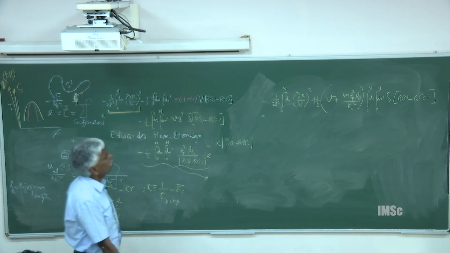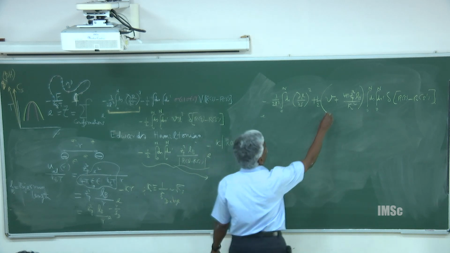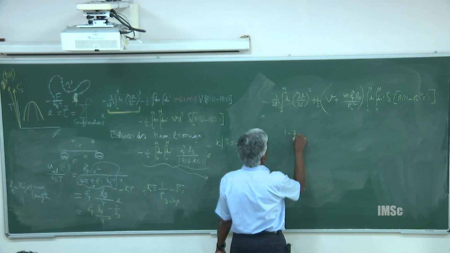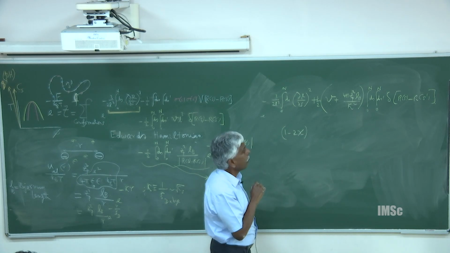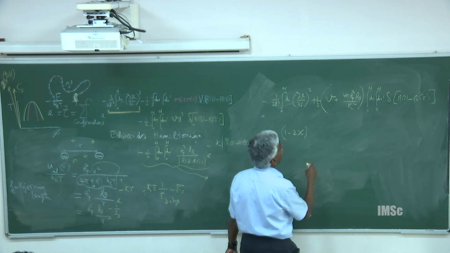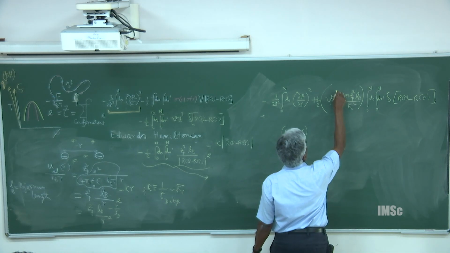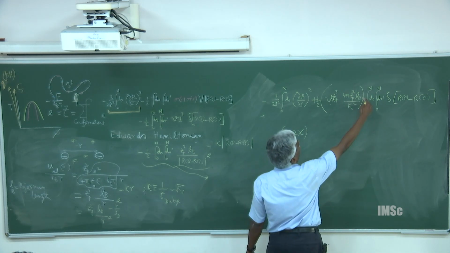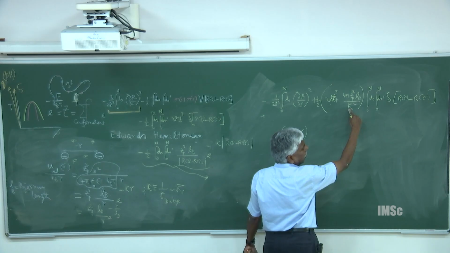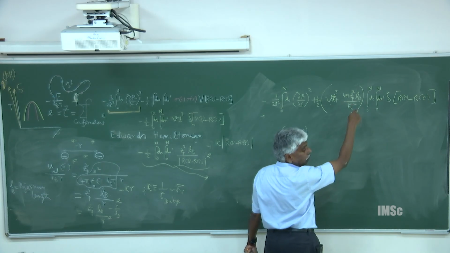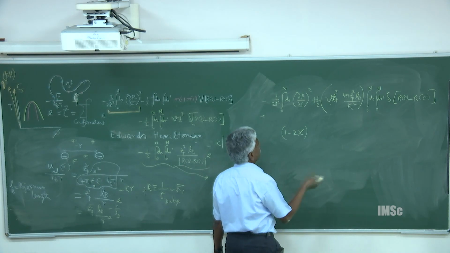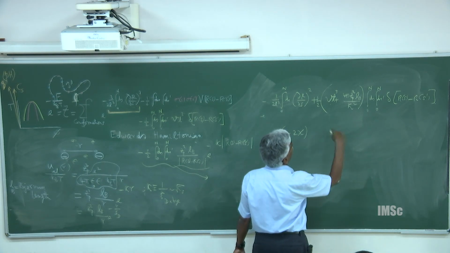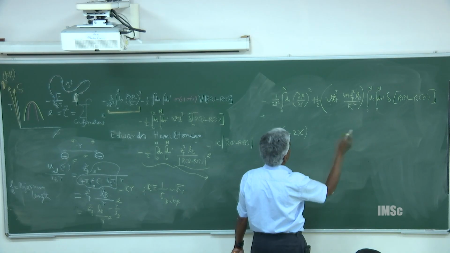Let us do this. I already told you this V is 1 minus 2 chi, times L cubed. Kappa is 1 over length, so kappa cubed is 1 over length cubed. That dimension is not important right now.